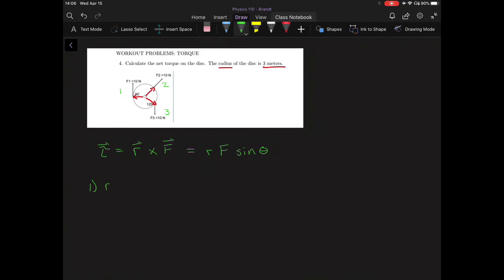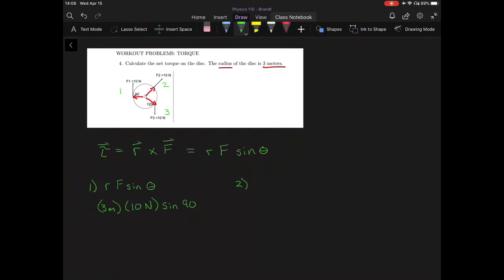So we know it's R, F, and then we have sine of theta for 1. So R is 3 meters. We have our F, which F1 tells us is 10 newtons. So we have 10 newtons, and then the sine of 90 degrees there.